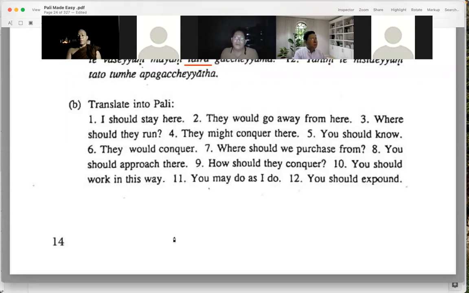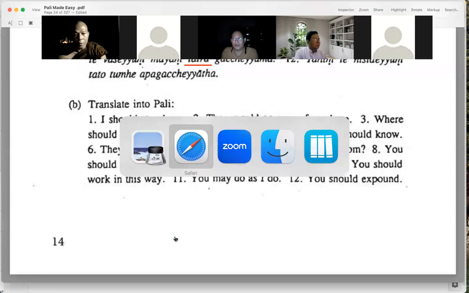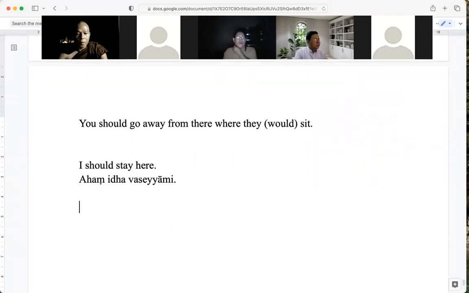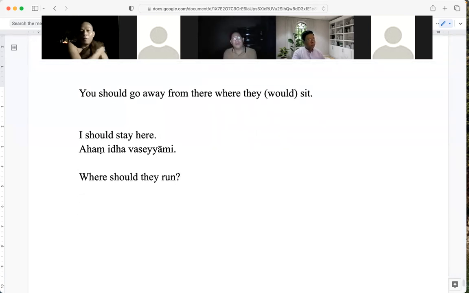So and then number 3, where should they run? Where should they run? Question. That is English structure, right? So actually where means, because of the question, so where can be a relative pronoun also, but because of the question mark, we can understand this is a question.